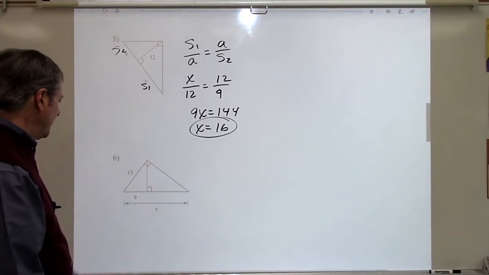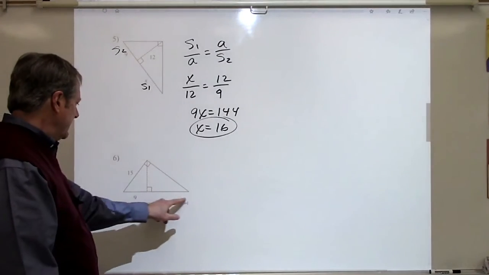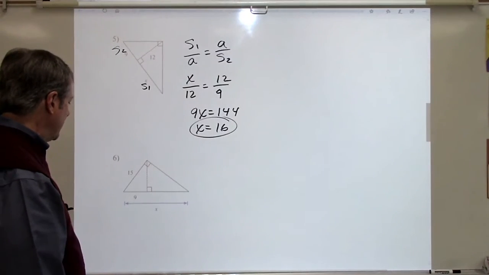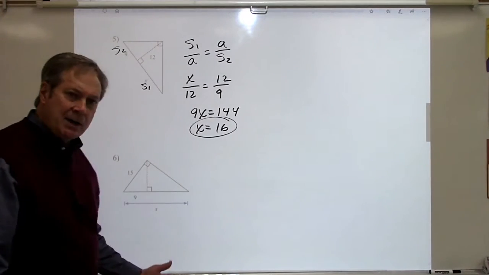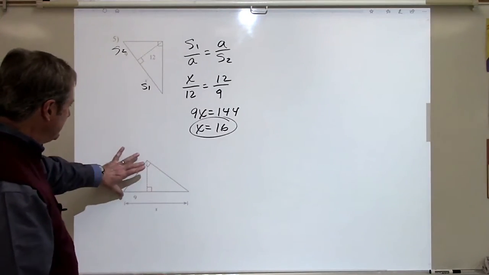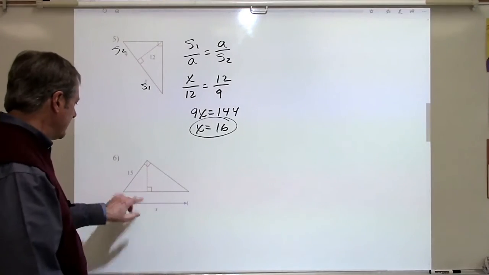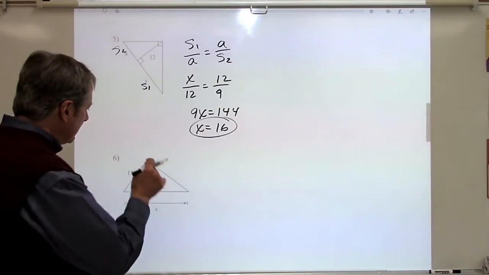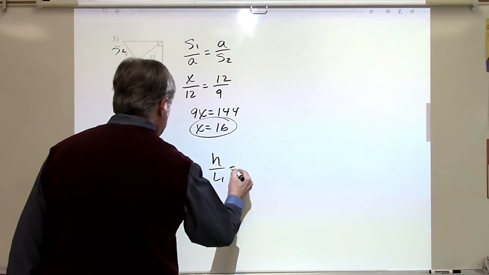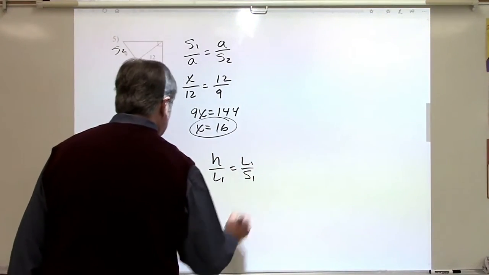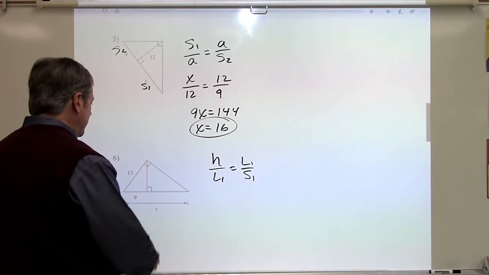All right, number 6. I'm trying to find the hypotenuse, x. I don't have a hypotenuse formula, but I do have a leg and a segment, and I can remember that the leg formula uses the hypotenuse. Remember, the hypotenuse to the leg is the same as leg compared to its segment. Okay, so we can go for it.